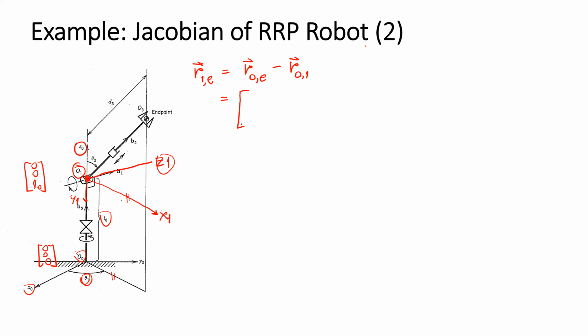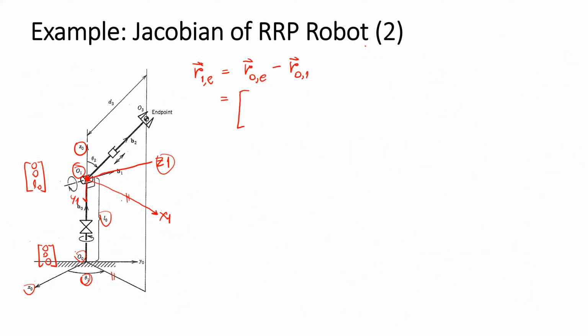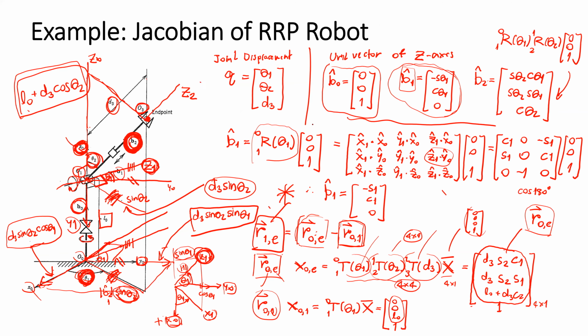So 0 to end effector will be D3 S2C1, D3 S2S1, and D3 C2, subtracted by 0, 0, L0.